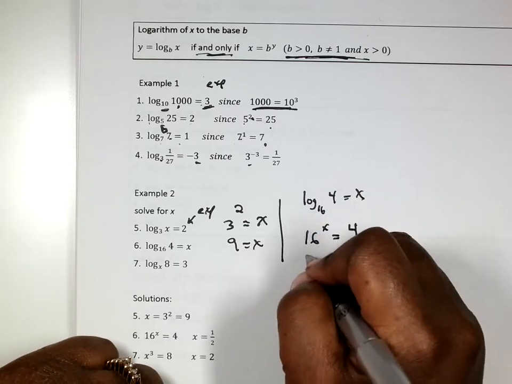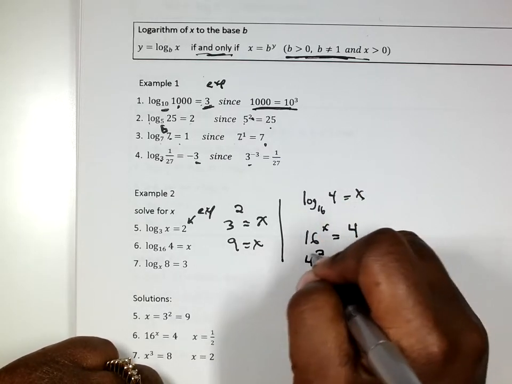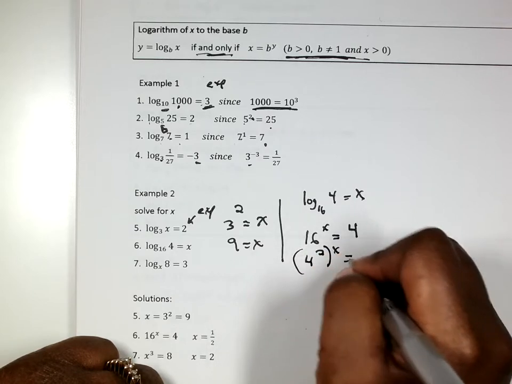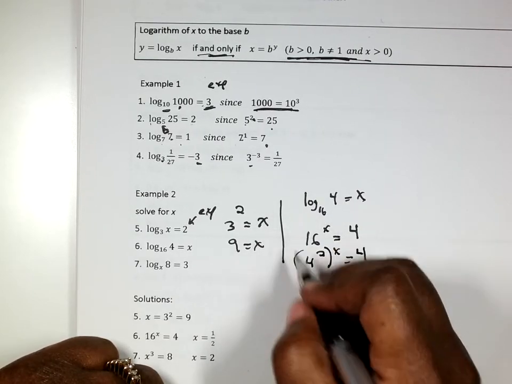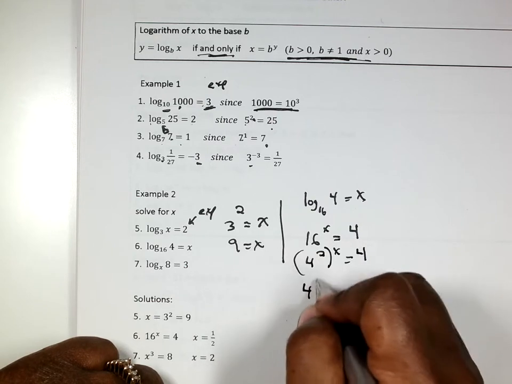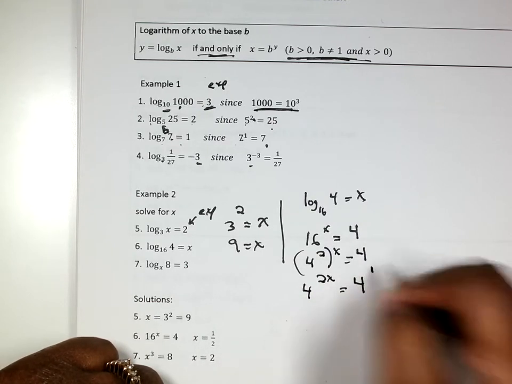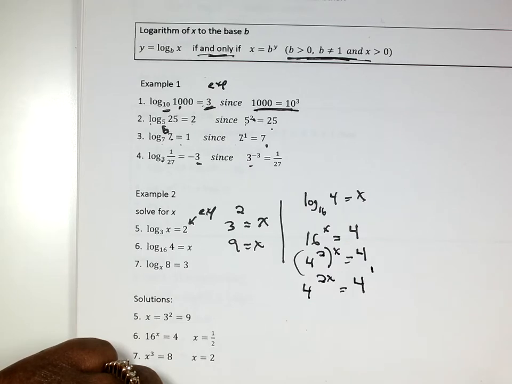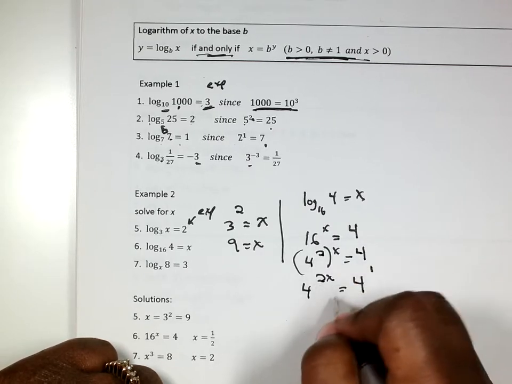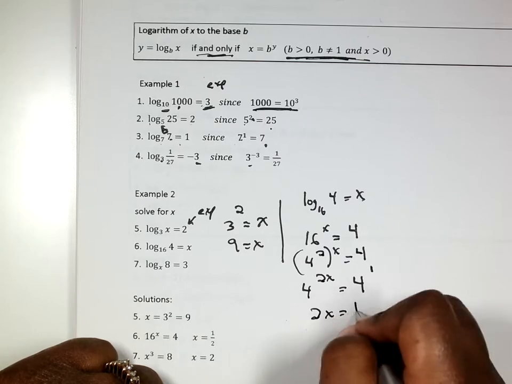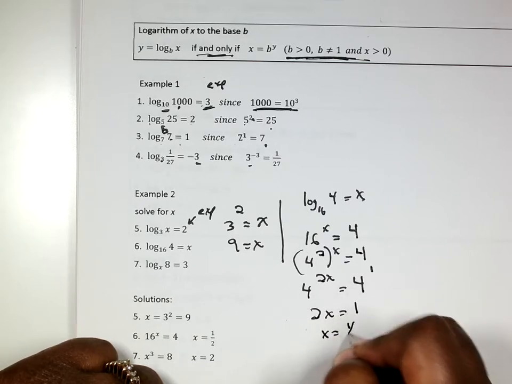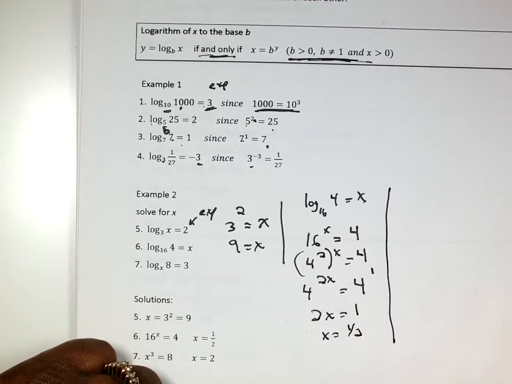So 16 is 4 squared. And that would give me 4 to the 2x is equal to 4. And there's nothing there, so that exponent is 1. And I can write that 2x is equal to 1. Therefore, x is equal to 1/2.